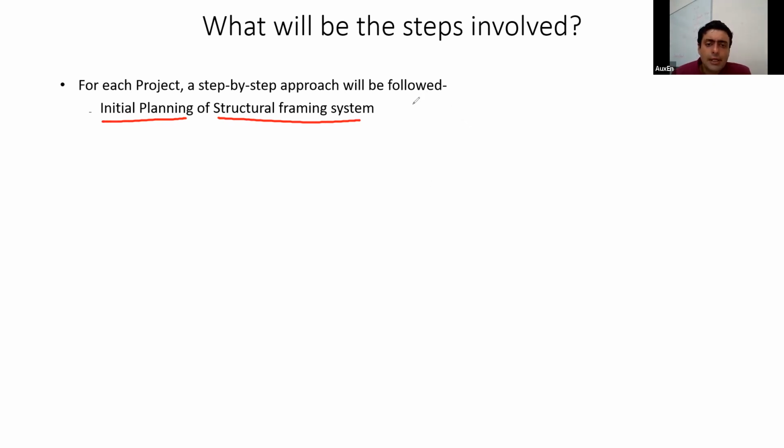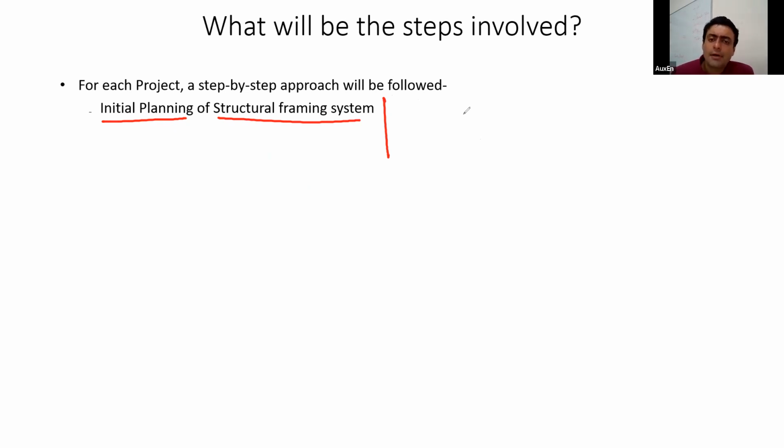Understanding what structural framing system you have to use and doing some initial planning is a very, very important step. And I will say that this step separates a good structural engineer from an average structural engineer. Making ETABS models or making STAAD Pro models is not structural engineering.